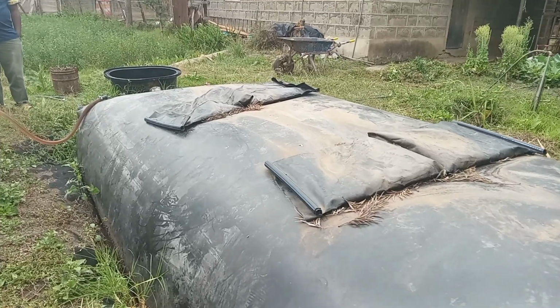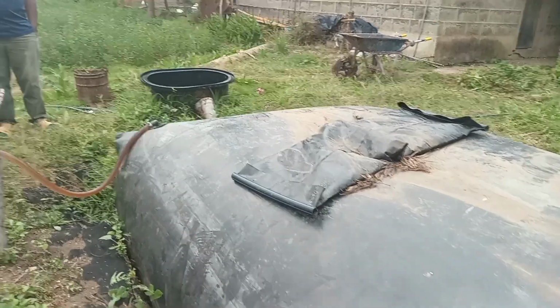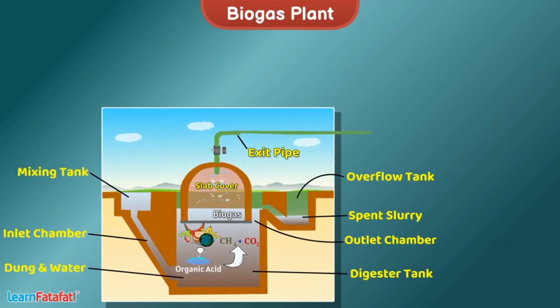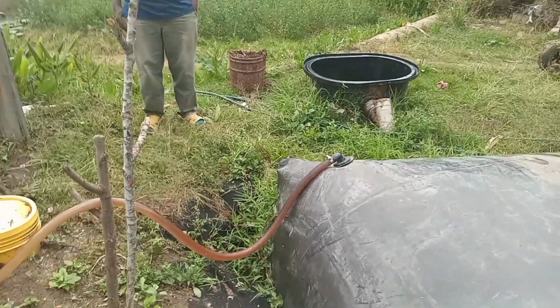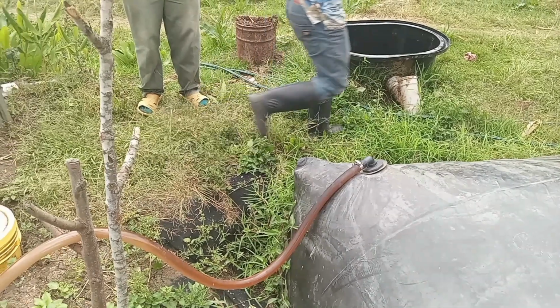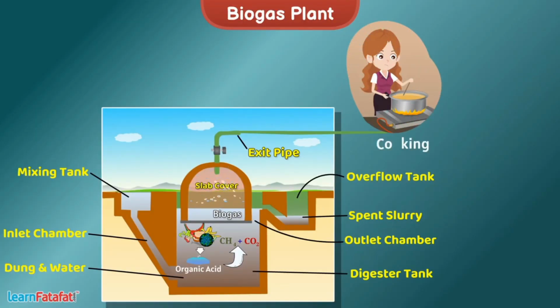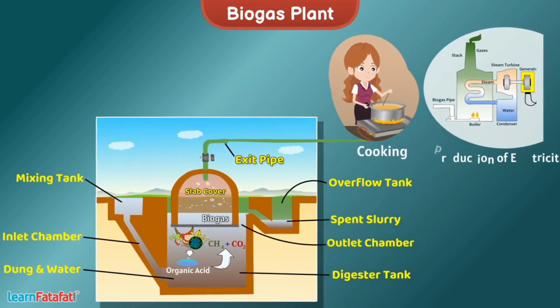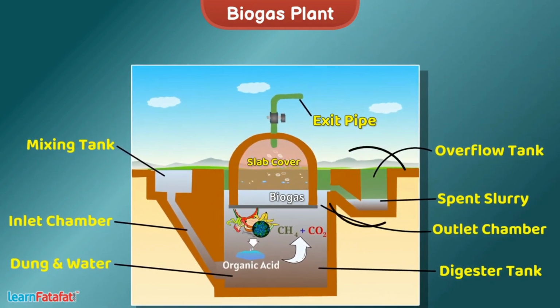Because when the gas is produced, the pressure is formed which pushes the slurry to the overflow chamber. At the same time, the gas itself is raised up and is taken to the kitchen where it's going to be used. When the gas is used, the pressure comes down, and then the process repeats.